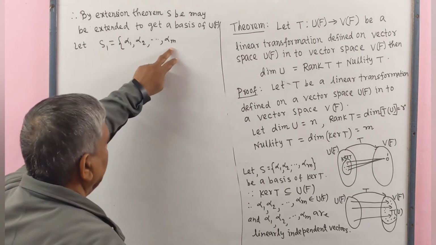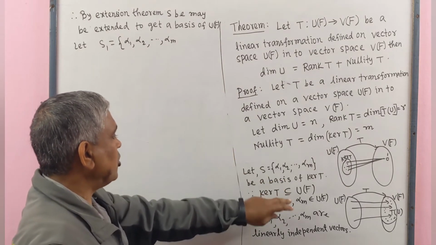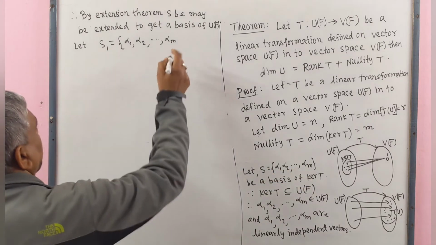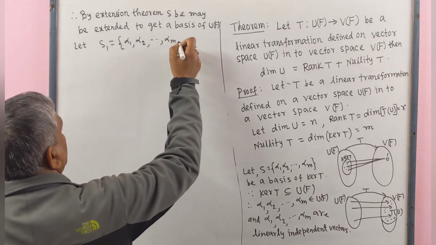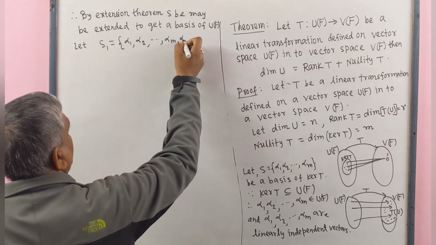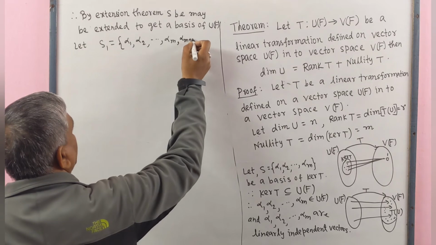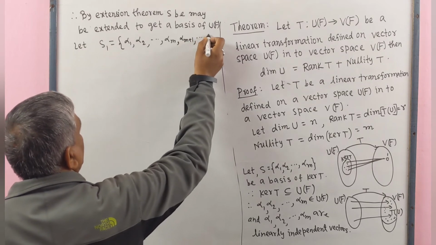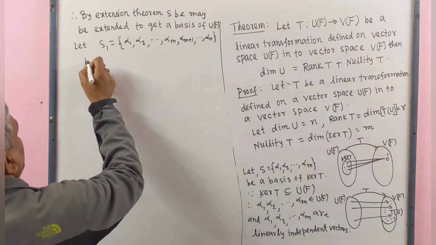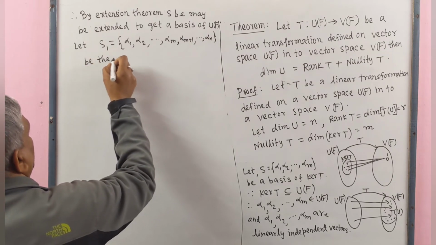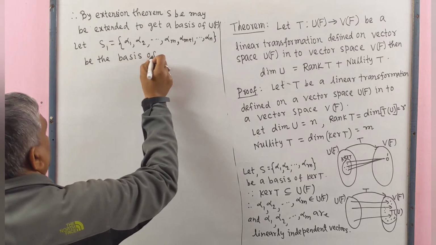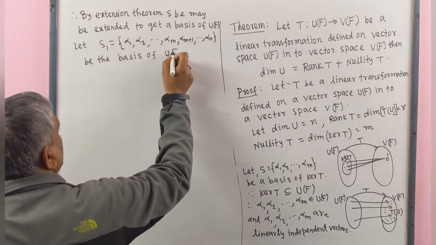These are elements of the basis of ker T, and we also take some other independent vectors alpha m plus 1, ..., alpha n to form the basis of the vector space U(F).